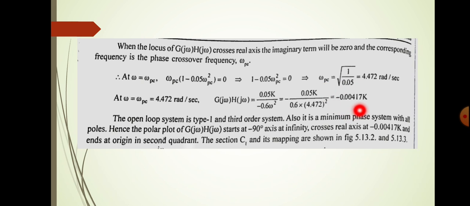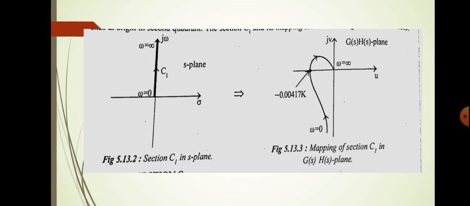So we have to plot this point in the G of s and H of s plane. We can mark this point on the real axis, right? Since it is a negative term, we can mark it on the negative real axis. This is the G of s and H of s plane, an ordinary graph sheet, and on it you can draw the x and y axes. The x axis corresponds to the real part, which is u, and the y axis corresponds to the imaginary axis, that is the jv axis.